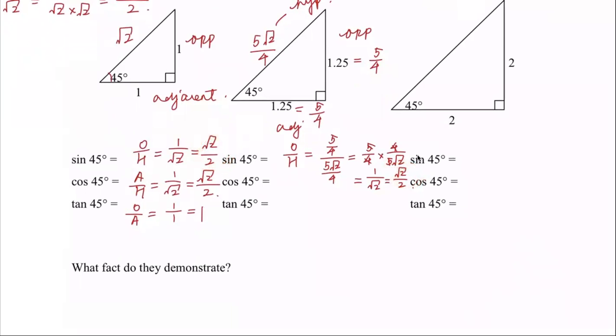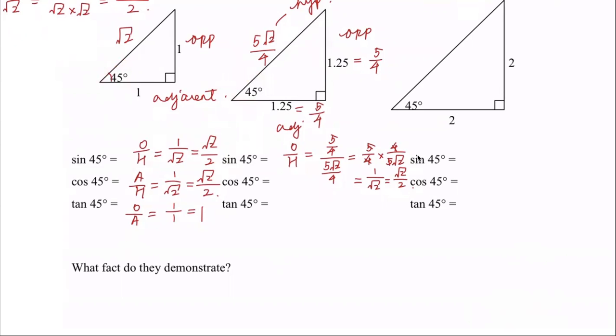Notice this number and this number are equal, which means even if the triangle got bigger, as long as the angle is the same, 45 degrees, sine 45 degrees is the same. Let me rephrase this: sine 45 degrees is the same regardless of the size of the triangle.